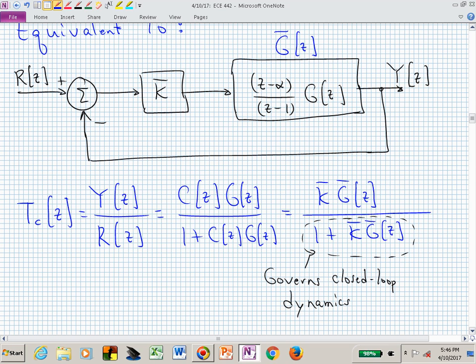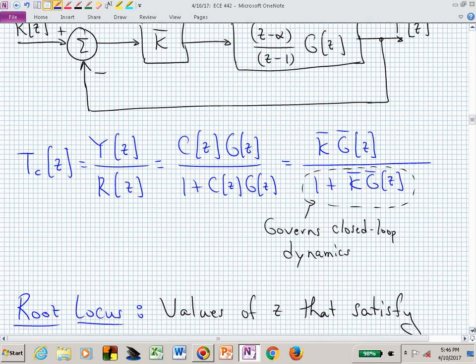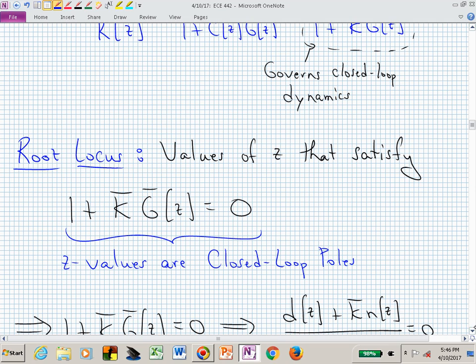That maps out all of my red lines on the Z-plane, and those red lines show where my closed loop poles live. And that's what the root locus is. Those are the values of Z. Those are the red lines. Those are the values of Z that satisfy this characteristic equation, 1 plus K bar G bar equaling 0.